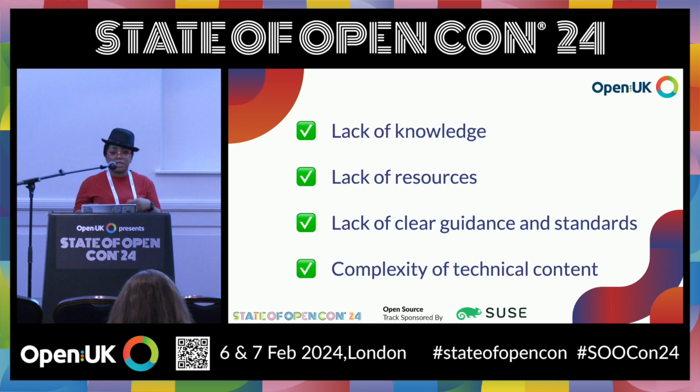accessible documentation is still hard for a lot of open source communities to adopt. These are not the only reasons, but these are some of the major reasons. The first is lack of knowledge. A lot of open source contributors don't understand how important these things are in your documentation, and they feel like it's just an add-on.